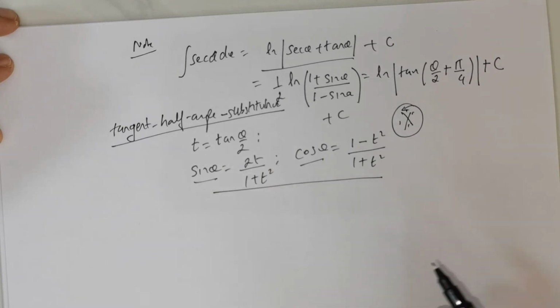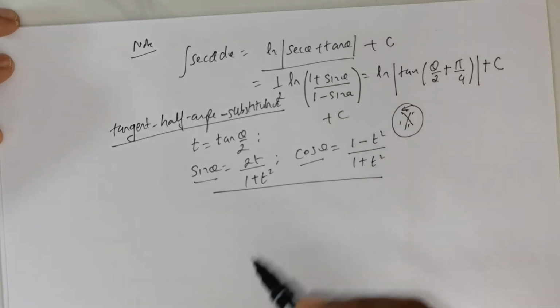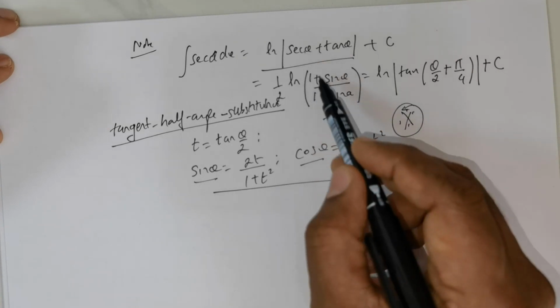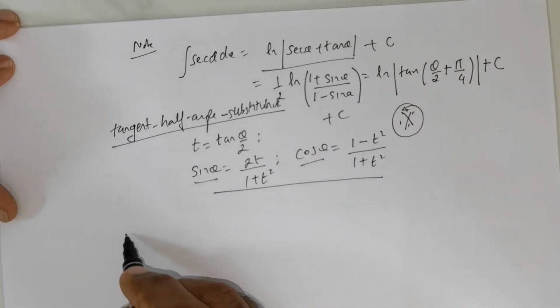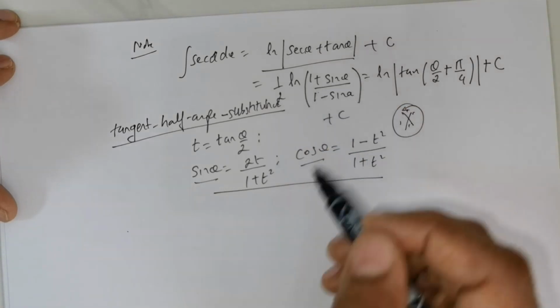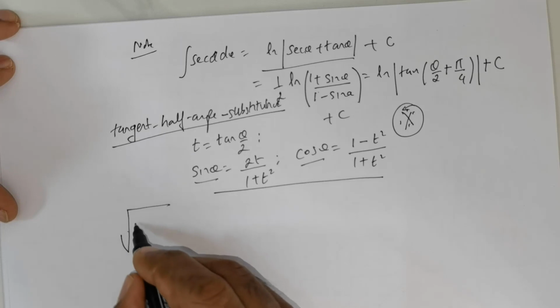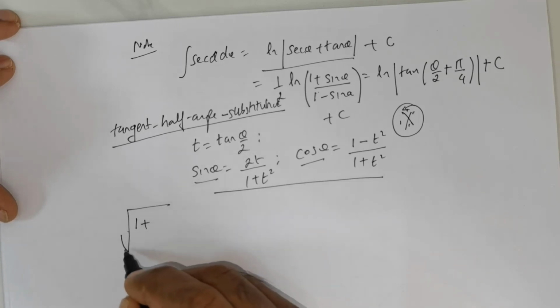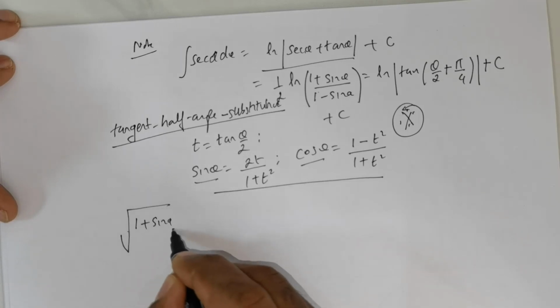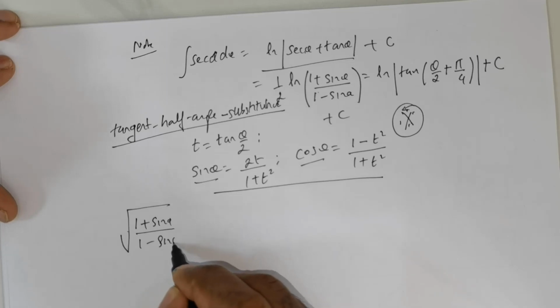Now, how am I going to show this is equal to this? For that, let me consider this particular quantity, the square root of (1 plus sine theta) divided by (1 minus sine theta).